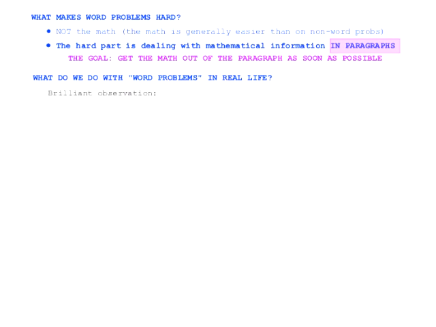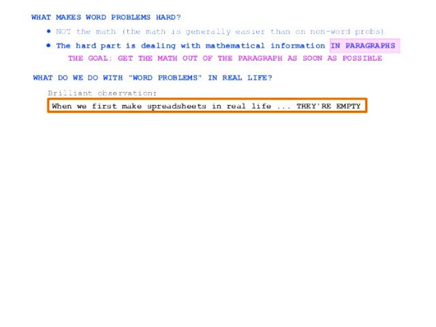When we first make spreadsheets in real life, they're empty. I mean, you knew that, right? This is not really a giant revelation to anybody. But if you think about it, what people do with word problems in math is not like this at all.